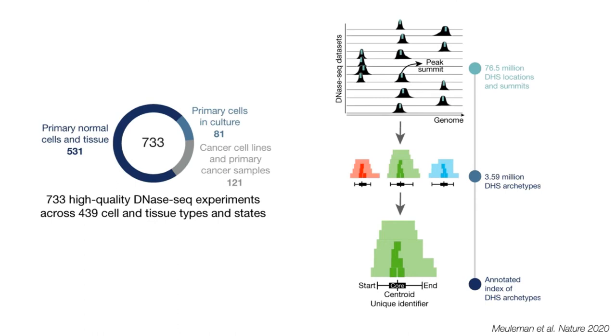But if you integrate it all together into a consensus index, you can see that all of those elements are really essentially manifestations of approximately 3.6 million archetypal elements that are precisely encoded in the genome. And again, for each of these, we can identify its center position, the variability of that center, and a consensus start and end.